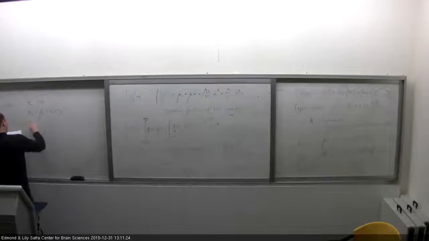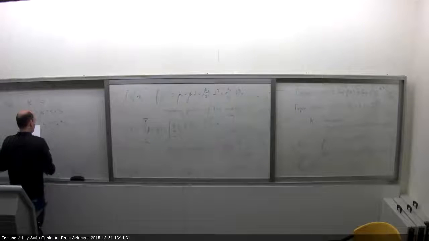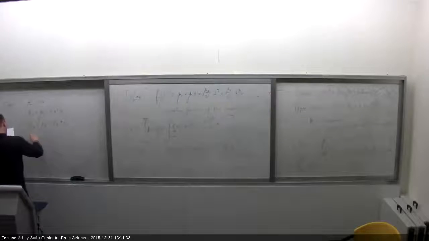Kappa 3, in this case, ends up being just the same as mu 3. In other words, it's the mean of x cubed. But kappa 4 is more interesting. Kappa 4, in this case where mu 1 is 0, ends up being mu 4 minus 3 mu 2 squared.